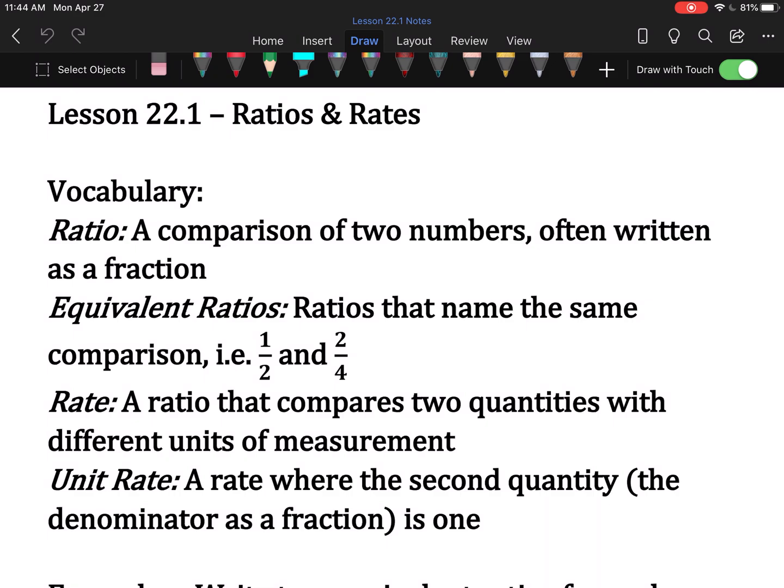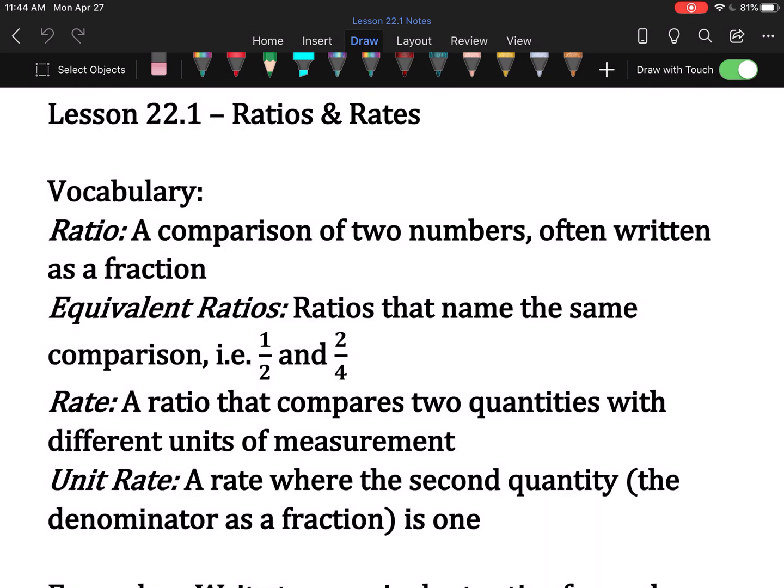A rate is a ratio that compares two quantities with different units of measurement. So something like 37 miles per gallon. Okay, the numerator has a unit of measurement, the denominator has a unit of measurement, and they are different. A unit rate is a rate where the second quantity, the denominator, is 1.